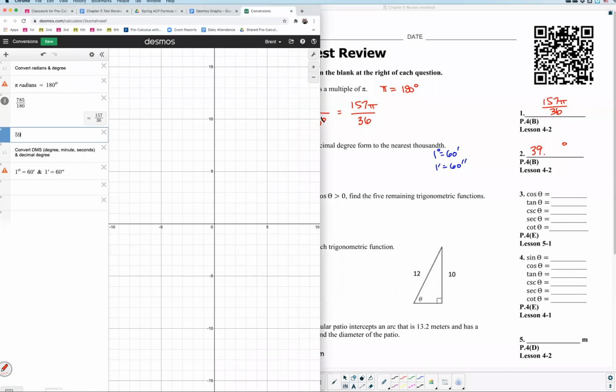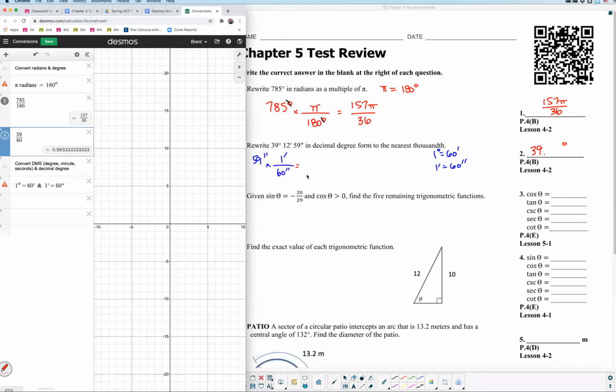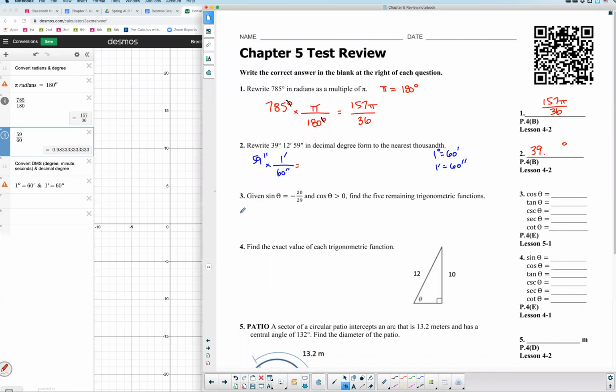Let's see here, 59 divided by 60 is 0.983 repeating. Now that's how many minutes that we have right there, because the seconds cancel each other out. So 59 seconds is 0.983 repeating minutes.